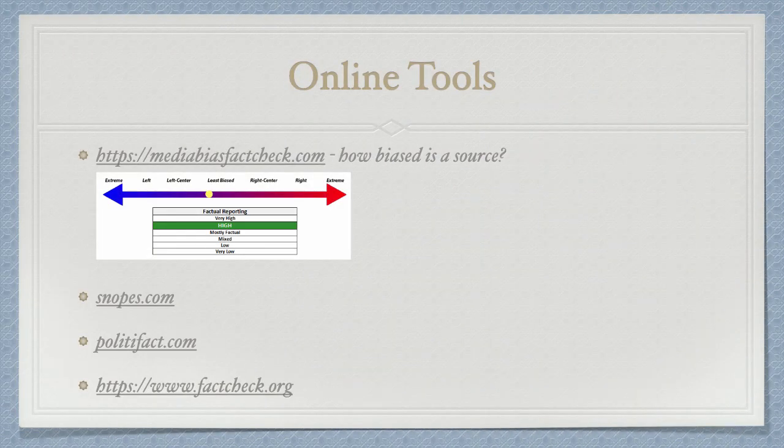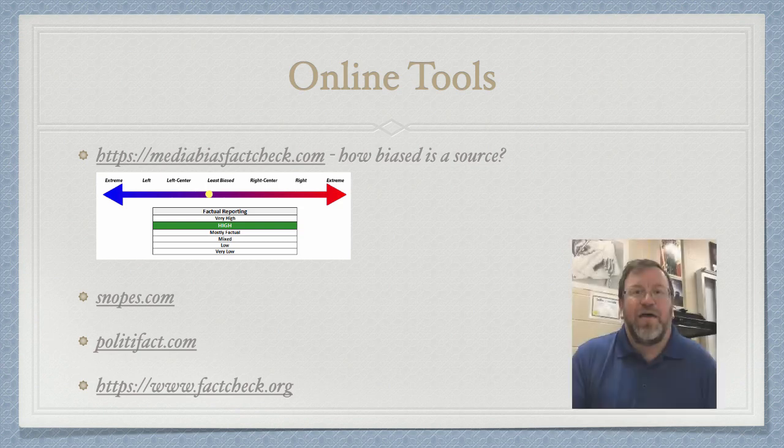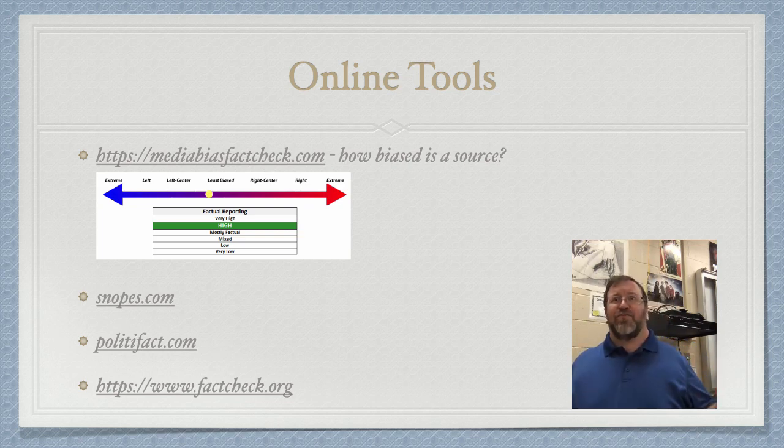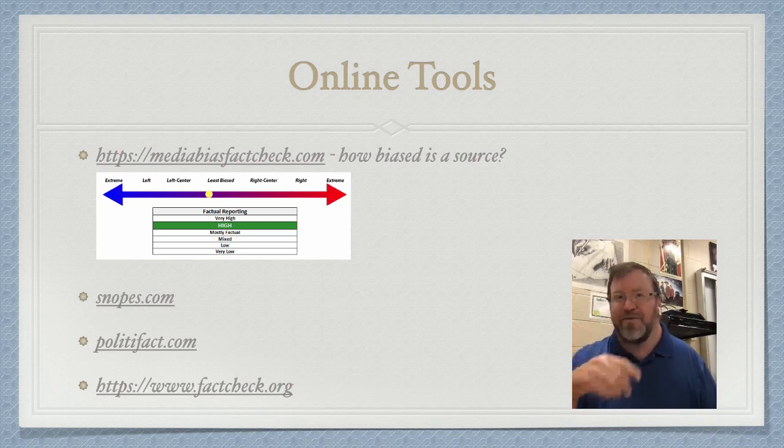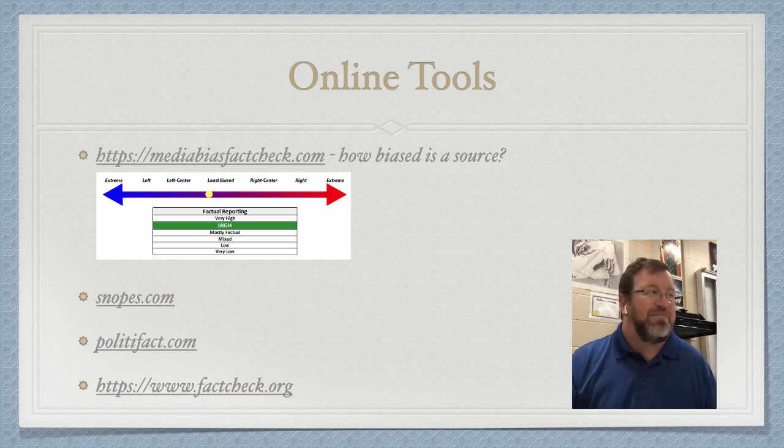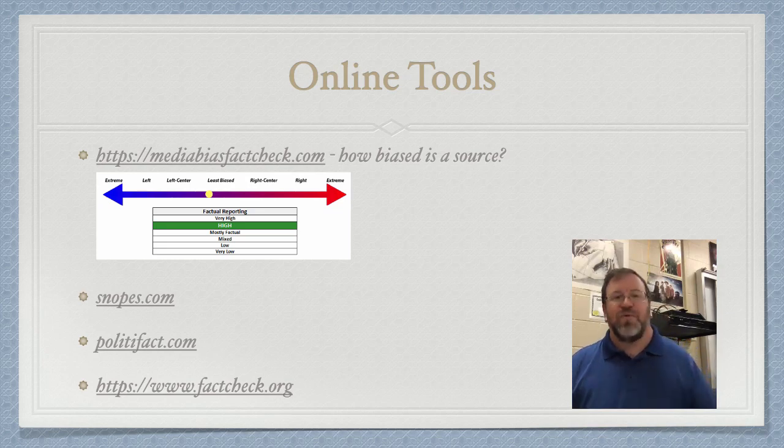Here are some online tools that I like to use when I find a source I'm not familiar with. Before I read the article, I read the headline. It's great. I go over to mediabiasfactcheck.com and I type in the article, and it has this little tool where it'll tell you, is it extreme one end or the other? Is it biased one way or the other? And they'll tell you about factual reporting and so on.